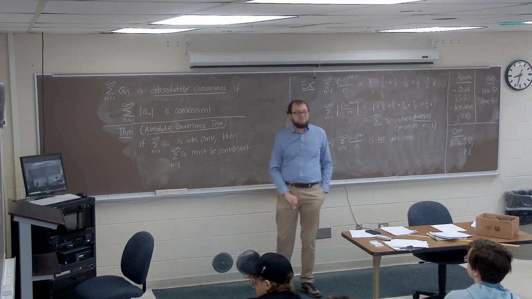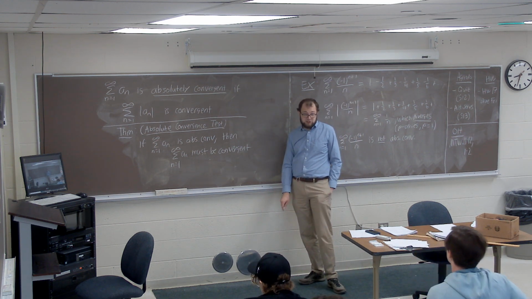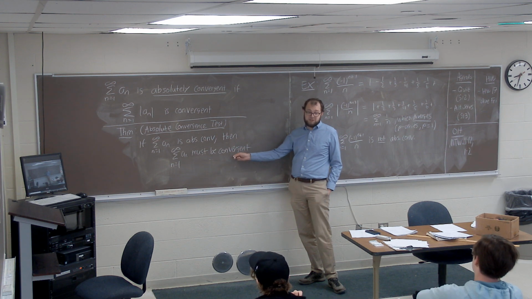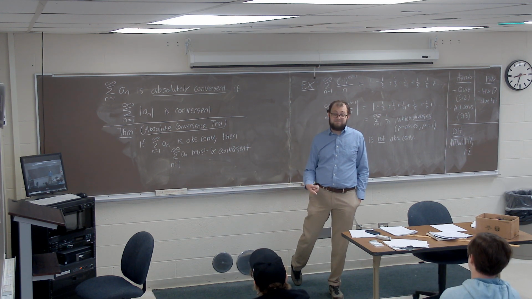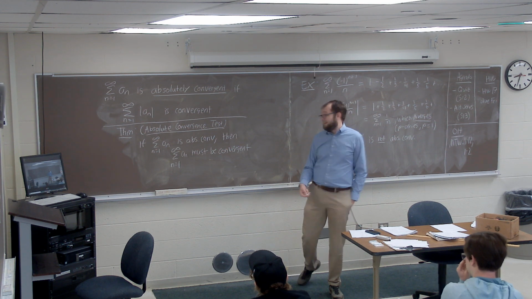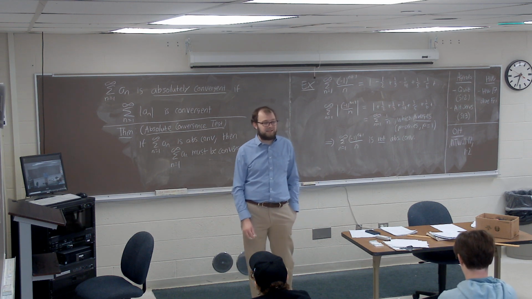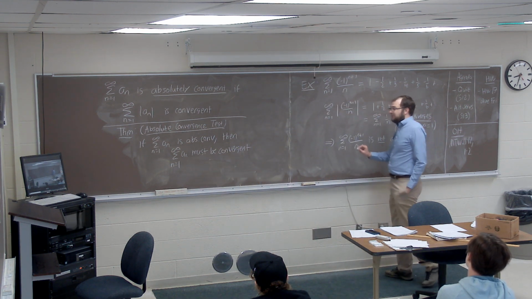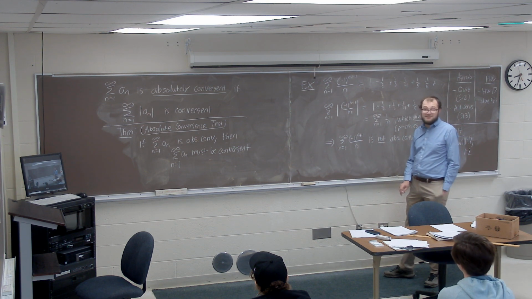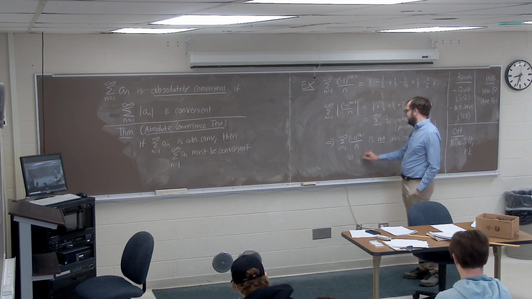So if we look at what the absolute convergence test says, it says if your series is absolutely convergent, then it has to be convergent. But if it's not, then you don't know anything. It doesn't say the other way around. It doesn't say that a convergent series has to be absolutely convergent. I would say the absolute convergence test doesn't tell us anything here.